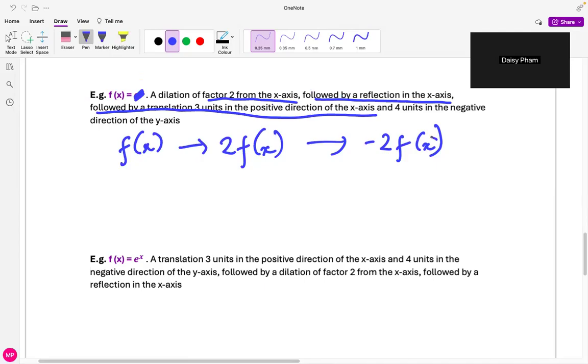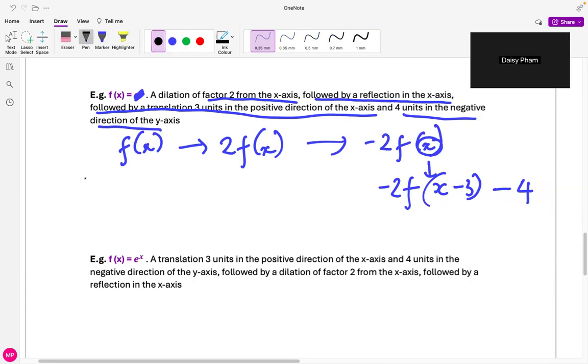So this means the x here, you're going to replace x by x minus 3, and then the negative 2 f again, and then 4 units in the negative y direction. So 4 units means the whole thing will take away 4. So you would have minus 4 here. Okay, so that would be your image equation.